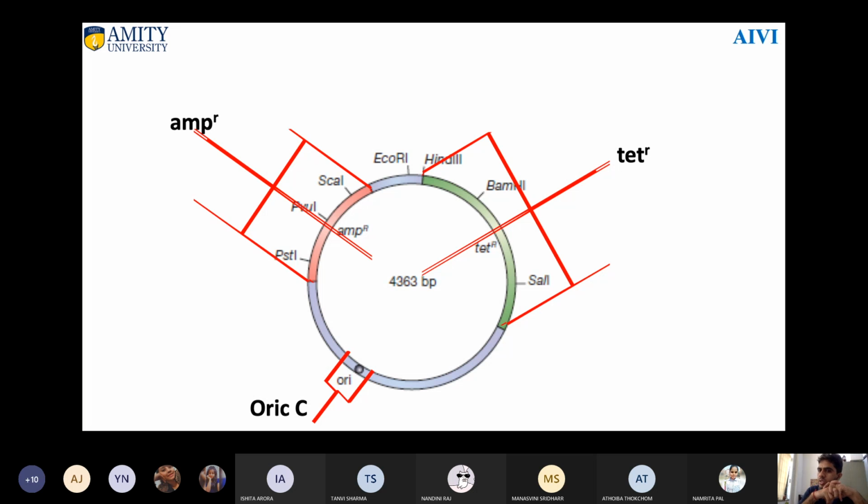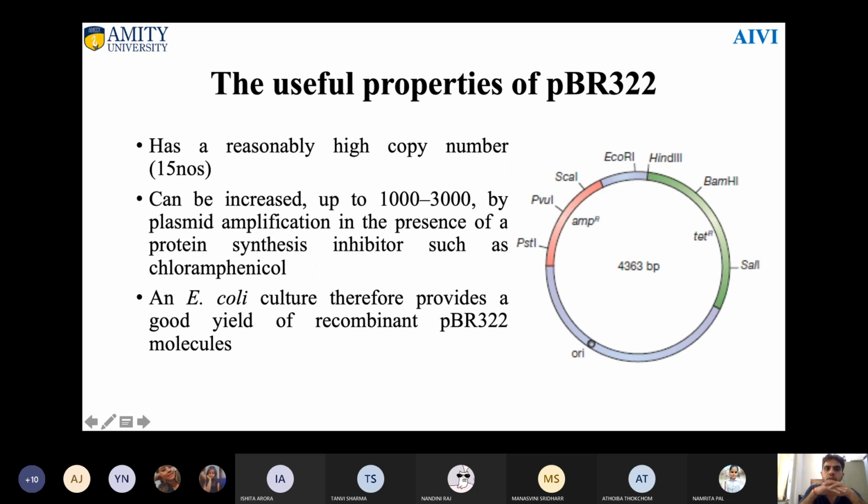So it means multiple cloning sites are there, depending on the restriction enzyme that you are cutting with, depending on the sticky end your insert is going to have. You can use the corresponding restriction enzyme to get a sticky end in your vector, and you can use ligase to clone your genes.